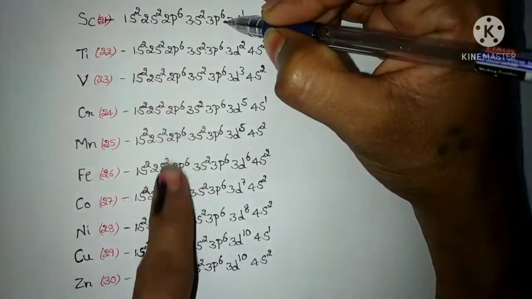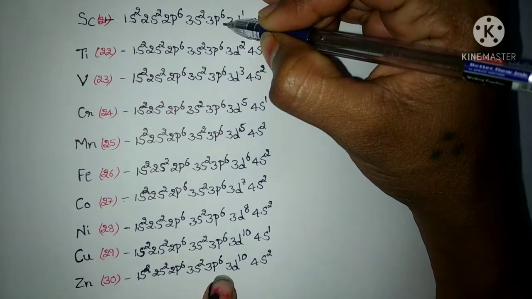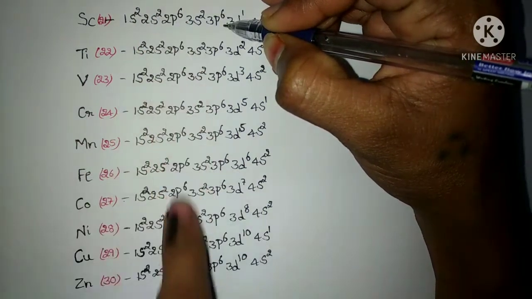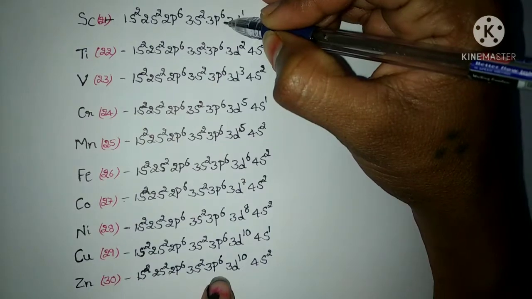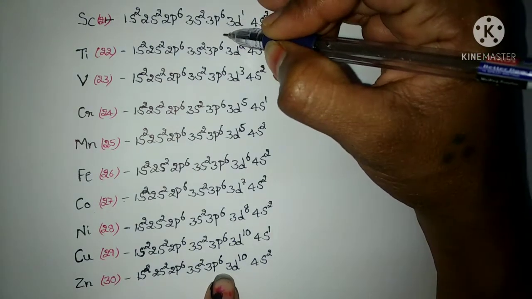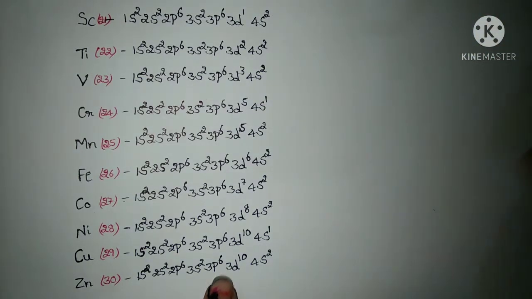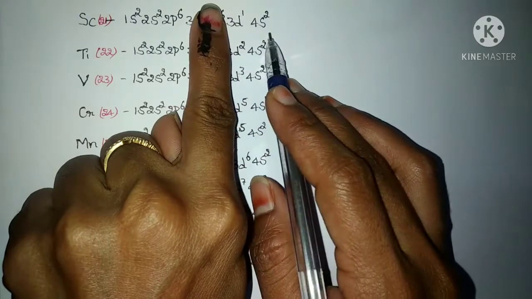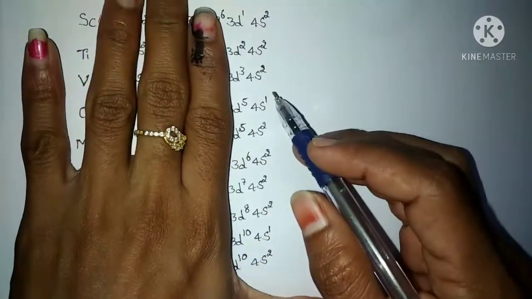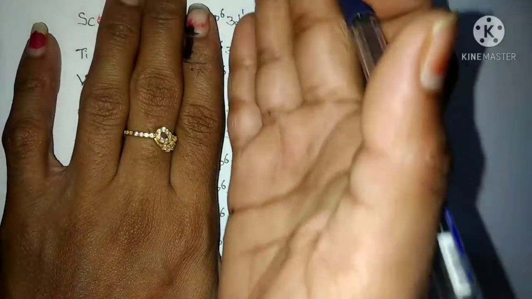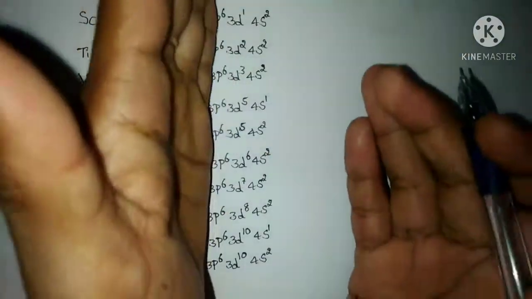If you observe, up to 3p6 everything is common: 1s2, 2s2, 2p6, 3s2, 3p6. Where is the difference? In 3d and 4s, in the number of electrons present. Other than that, till 3p6 everything is the same.